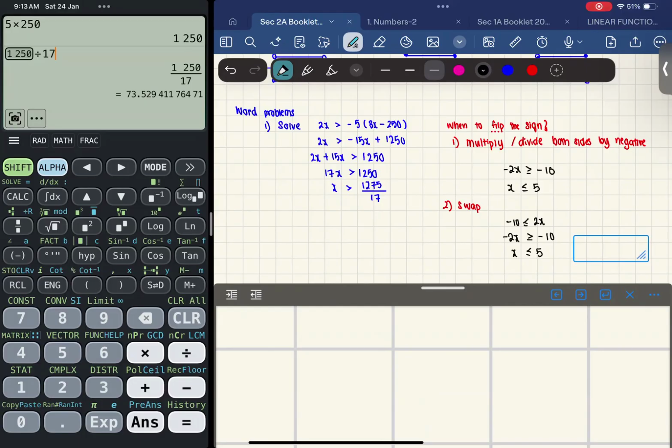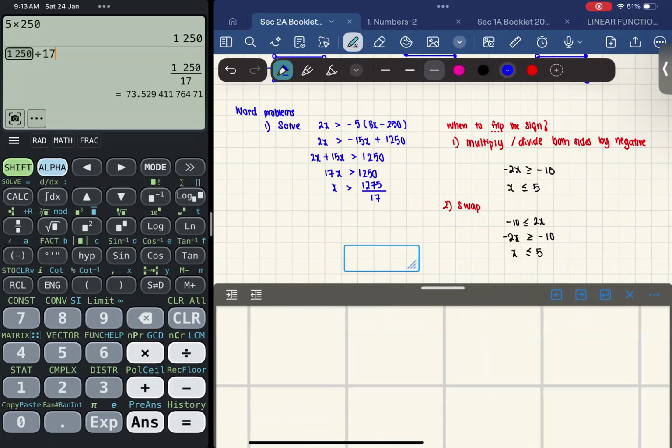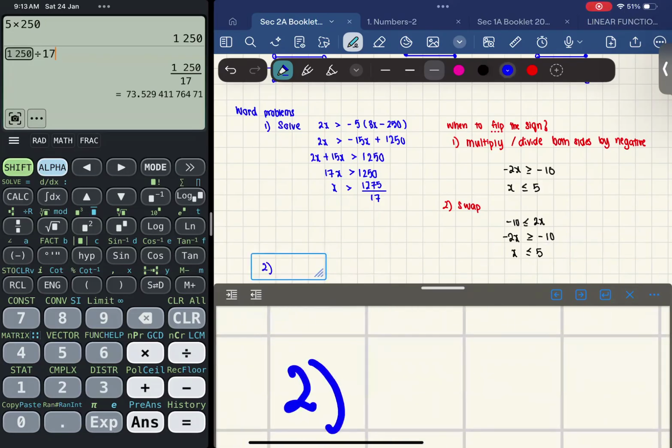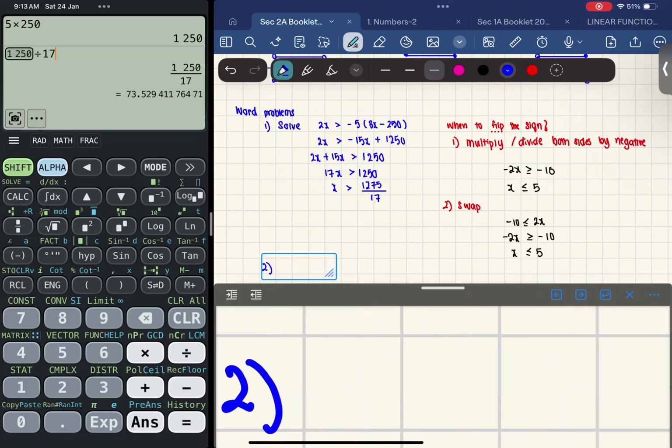Okay, so this is the first type of word problem. The second type of word problem, what do you all have? The second type of word problem is the greatest and smallest value.